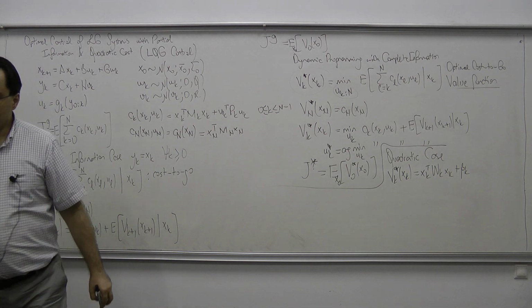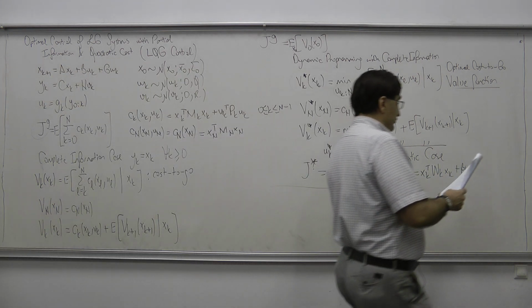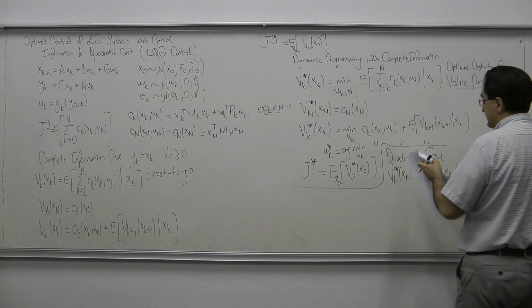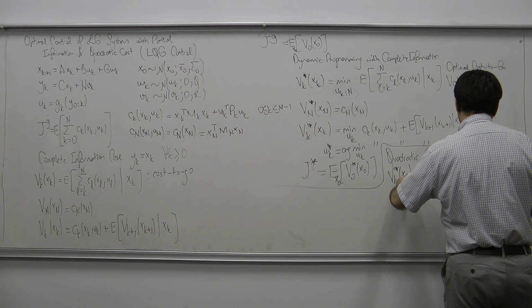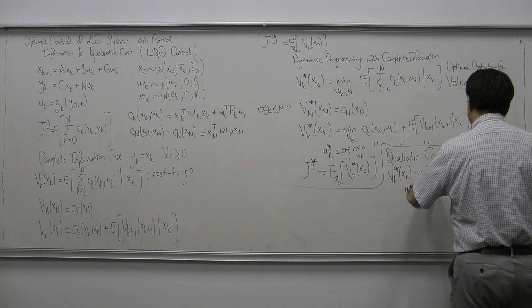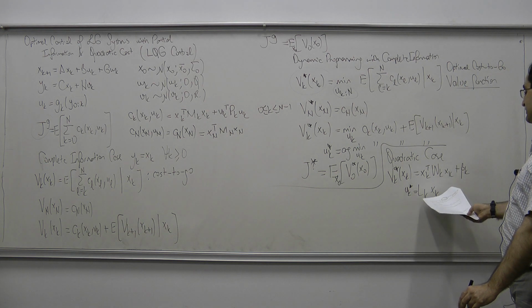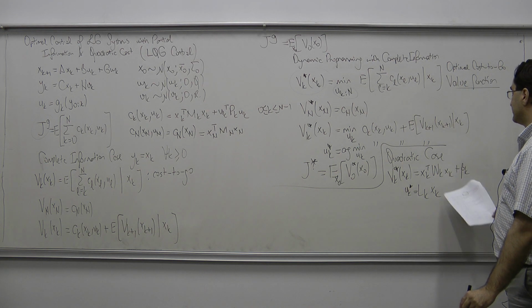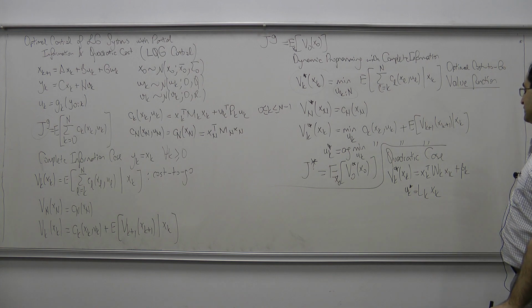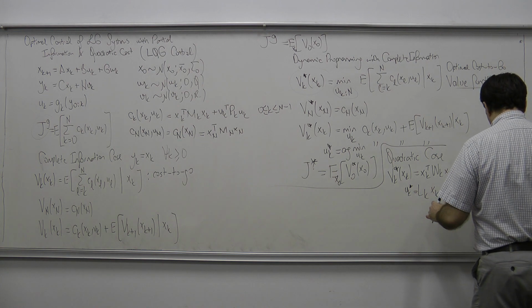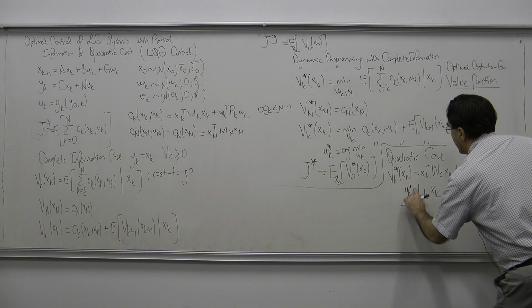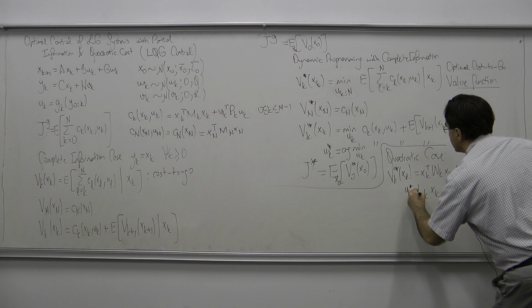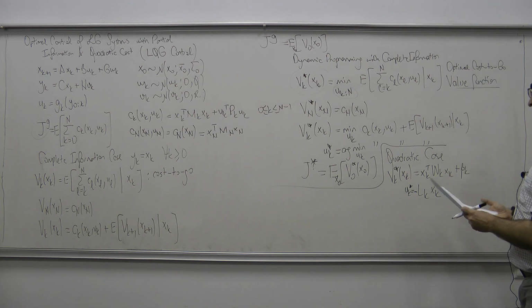And we also saw that uk star turned out to be Lk times xk, some gain Lk times the state that we observe. This is, of course, wrong. It is also wrong in my notes, sorry. I would have a minus sign here. This is minus Lk xk.